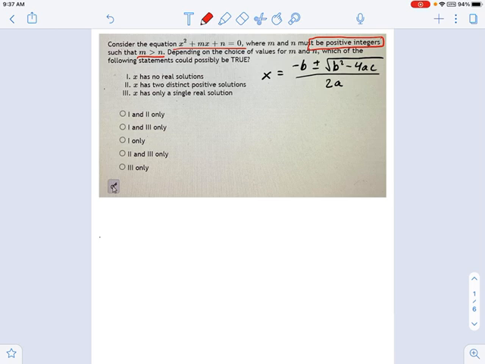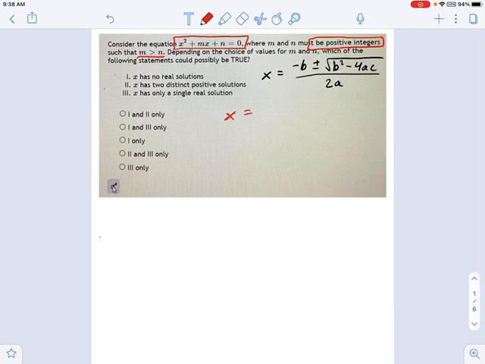Let's use the quadratic formula. You remember this guy. This is one of the best remembered formulas from Math 2 and Math 3 students. And what I'm going to do is plug as much as I can into this thing using the formula right here. Okay, so if you look at that formula, you can see that a is equal to 1, right? There is no a, so it's just 1 times x squared.